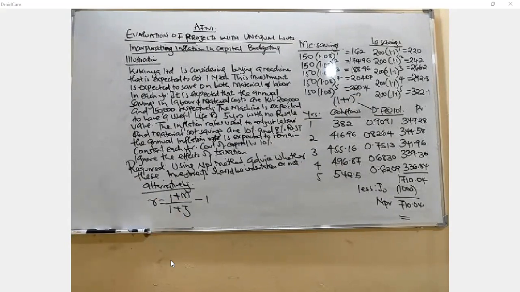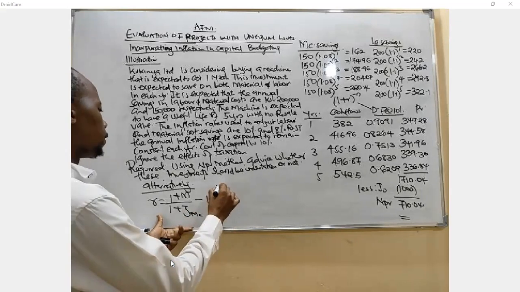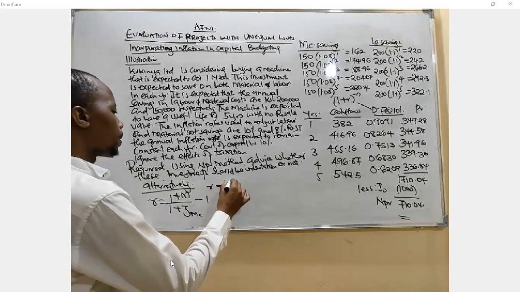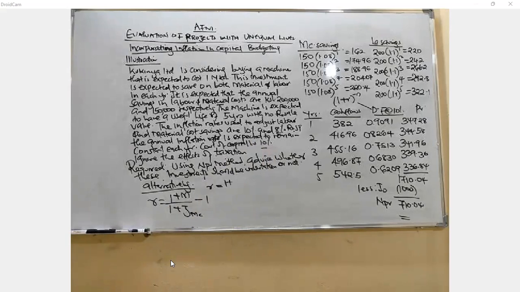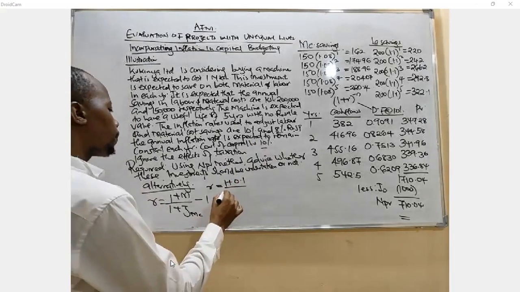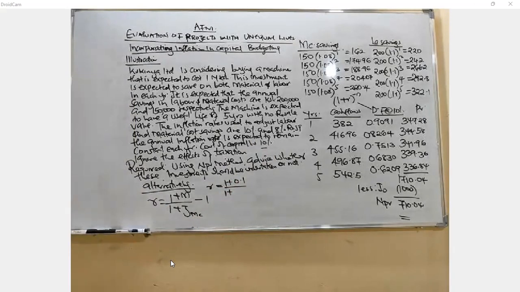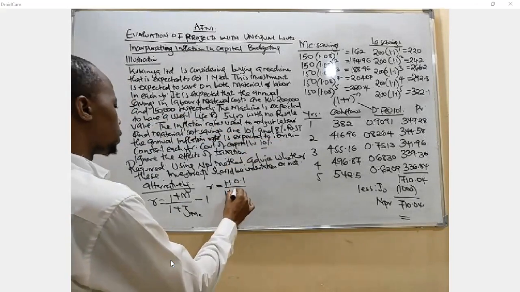For example, when we want to calculate the inflation adjusted discounting rate for material cost savings, we take 1 plus the cost of capital in money terms, which is 0.1, and divide it by 1 plus the inflation rate for the material cost, which was around 8%, 0.08.